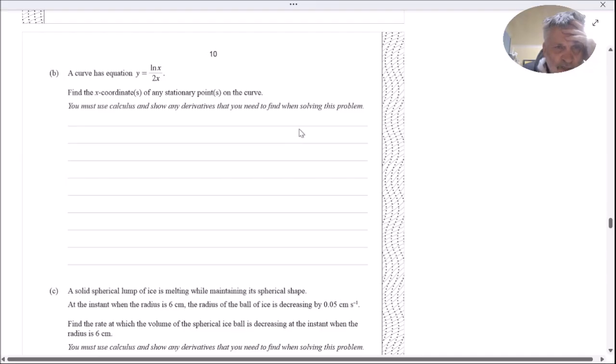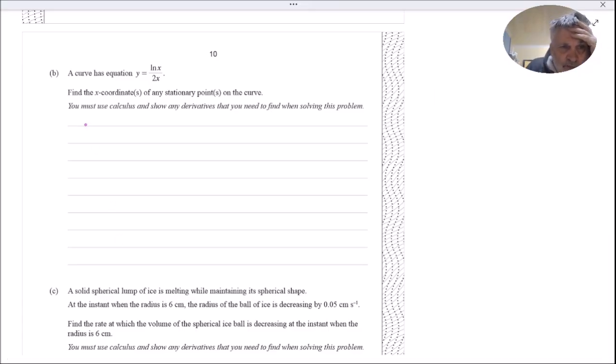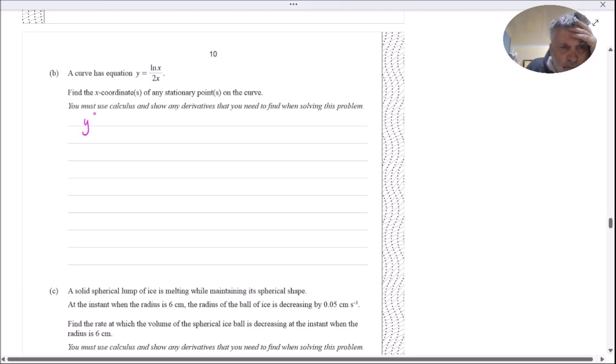B. A curve has an equation y equals log x over 2x. Find the x coordinates of any stationary points on the curve. Need to find when dy by dx is 0 when solving this problem. So let's just differentiate. It's a quotient, so u is log x.